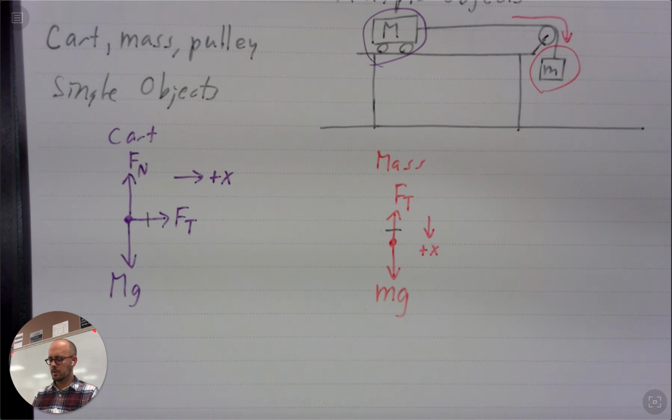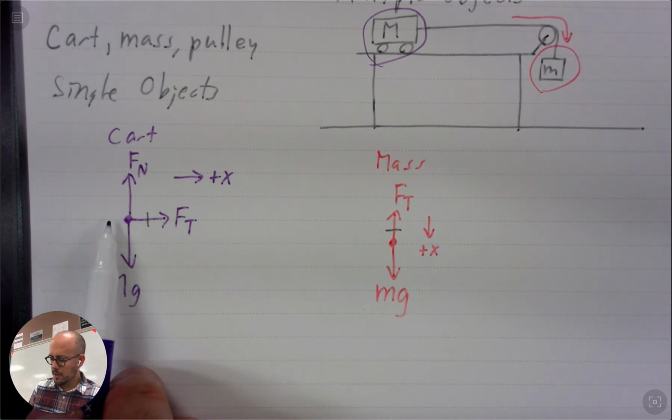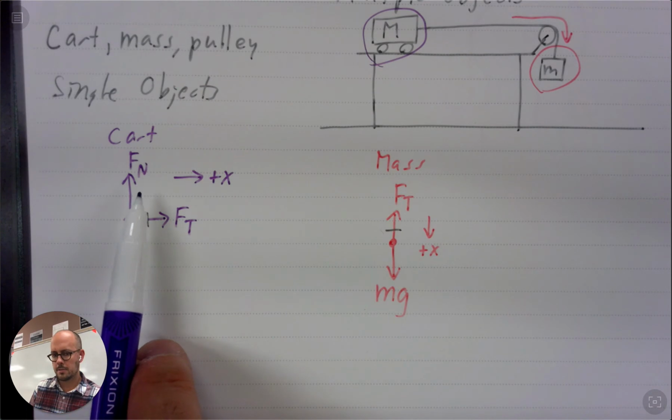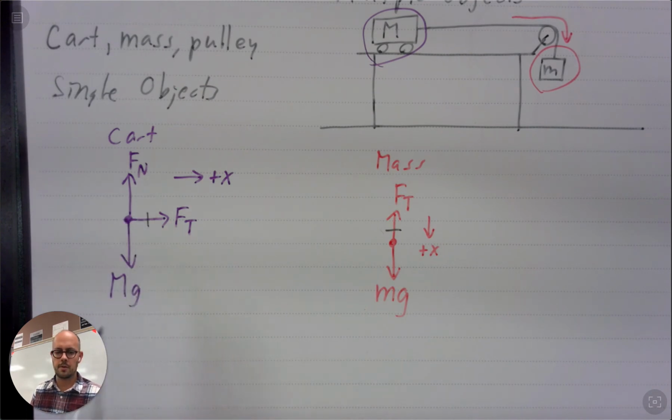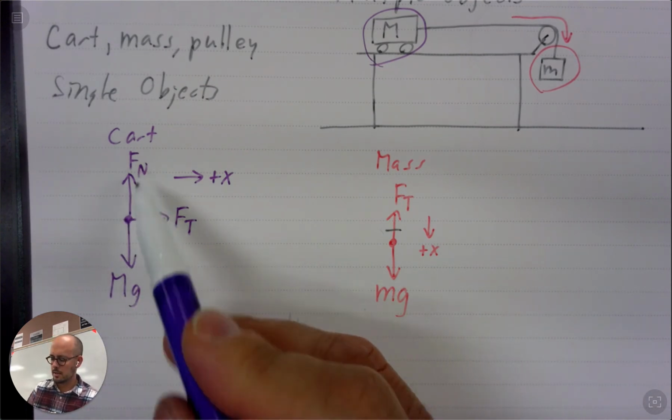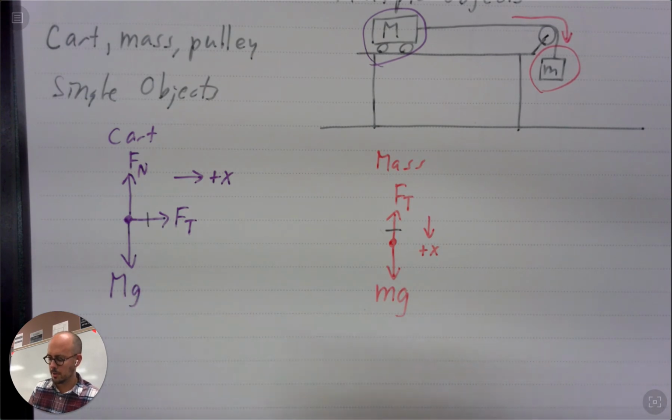And so what I'm going to do is write net force expressions for both the cart and the mass, and then we're going to combine them. So for the cart, I recognize by now that the cart is not accelerating in the vertical direction. So if I don't need the vertical net force, I'm not going to use it.